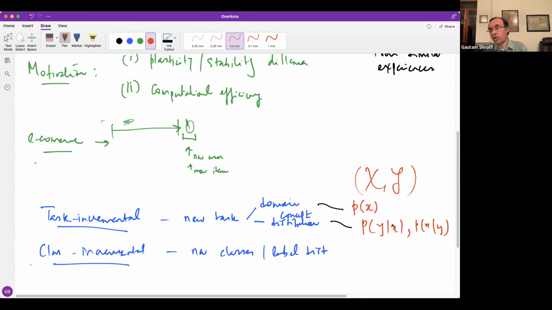What is a dog or what is a cat? Or suppose you had only golden retrievers in your data set. Now suddenly you had all kinds of dogs. So you're still talking about the same domain of images of dogs, but the distribution has changed, right?